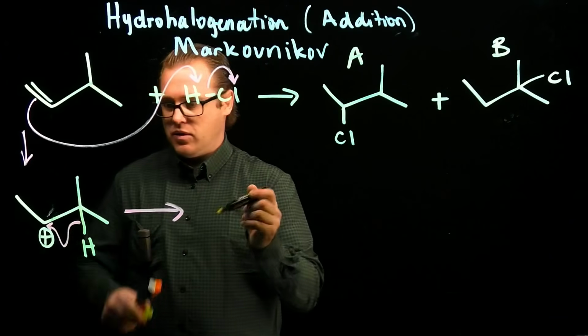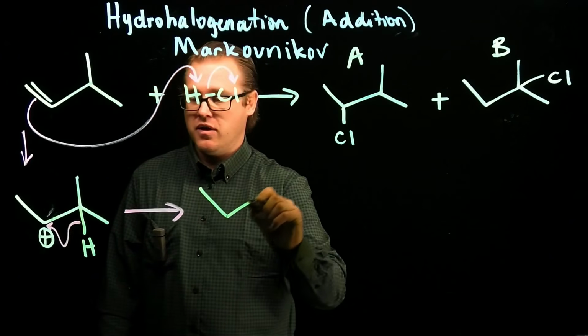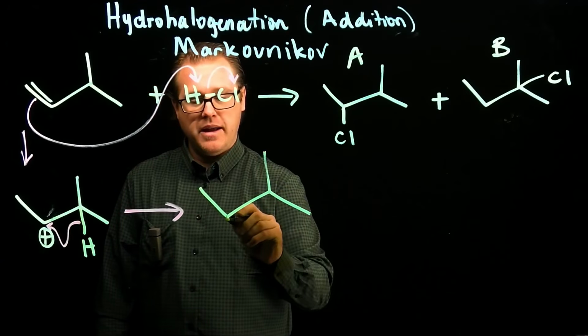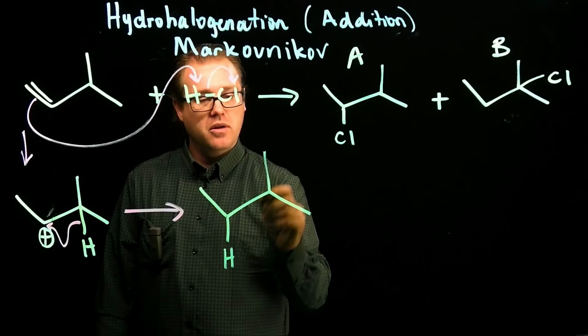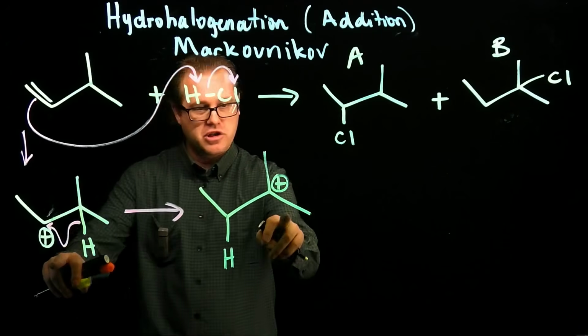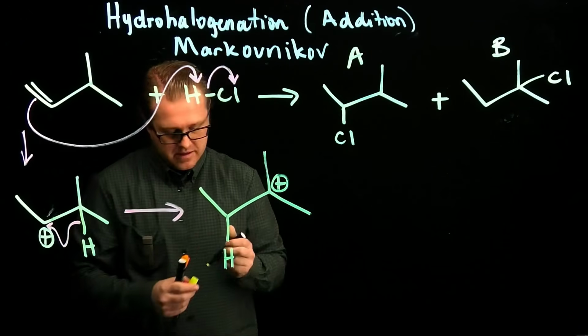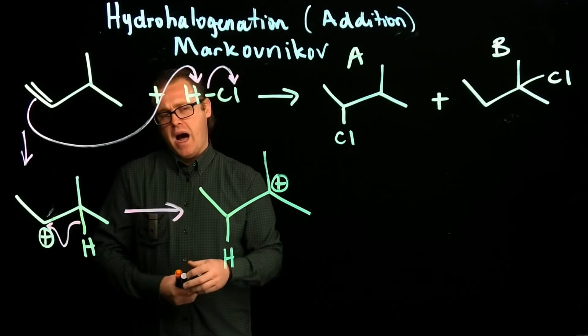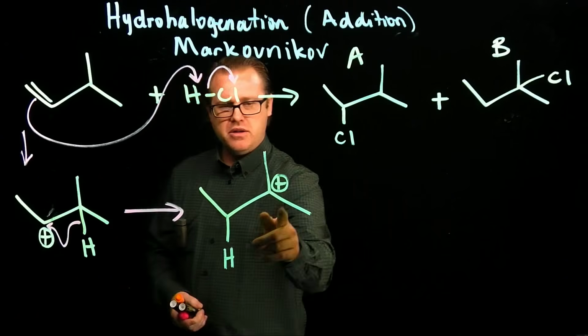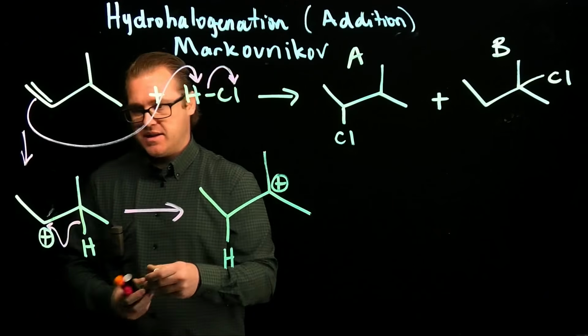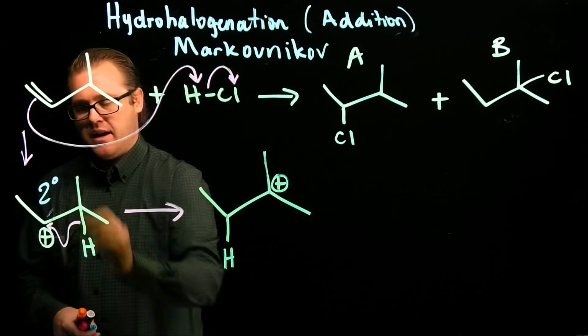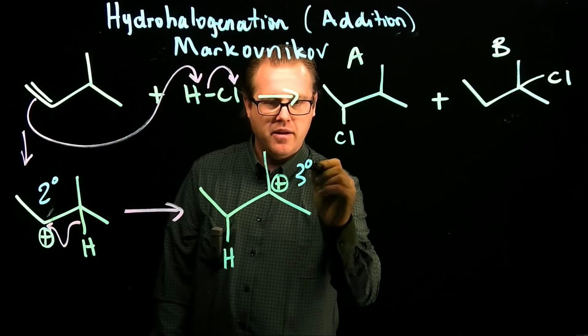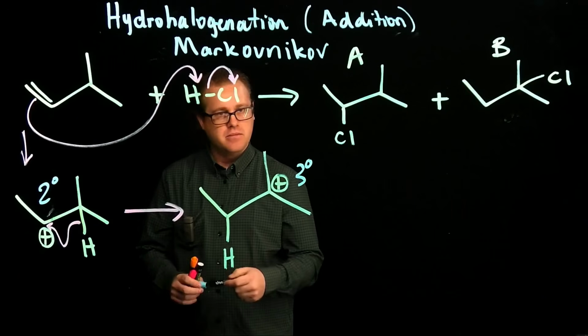Now, why in the world would that hydrogen want to shift over? Well, it's all about energetics, right? Can you look at those two intermediates and figure out why it would shift? Hopefully you can see that we have a secondary carbocation to a tertiary carbocation.